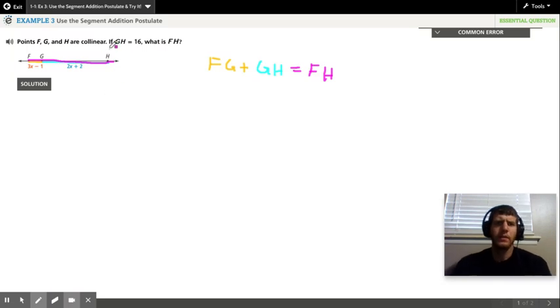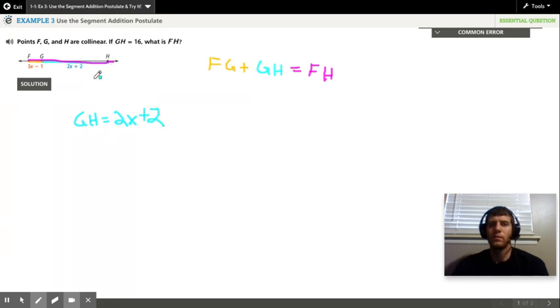Okay, now they give us GH, so we know GH is equal to 16. Well, they give us an expression for GH. They tell us that GH here is going to be equal to 2x plus 2. Right, this piece right here is 2x plus 2.